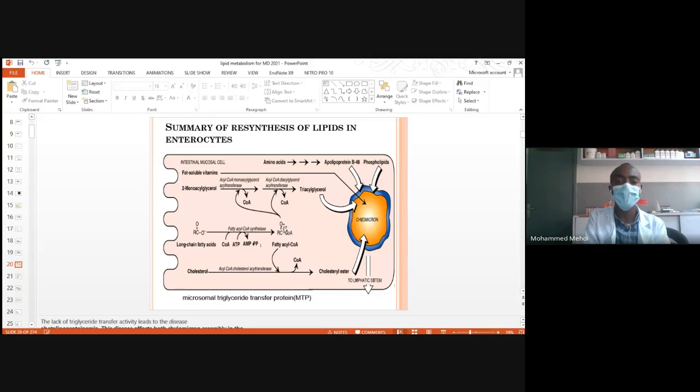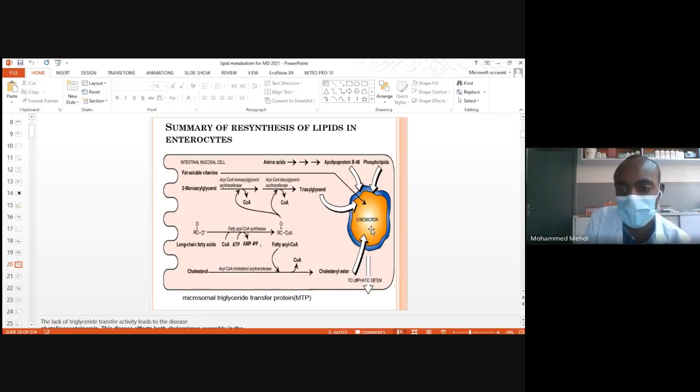Once it is activated, it is added to the monoacylglycerol, and triacylglycerol is formed. Cholesterol is esterified by adding one fatty acid for the formation of cholesterol ester. Phospholipid is also formed by the addition of one fatty acid.